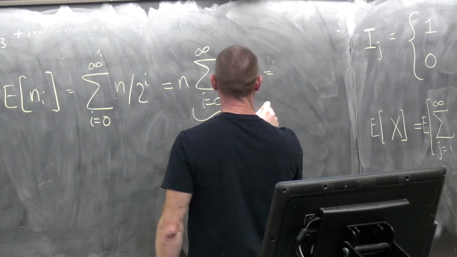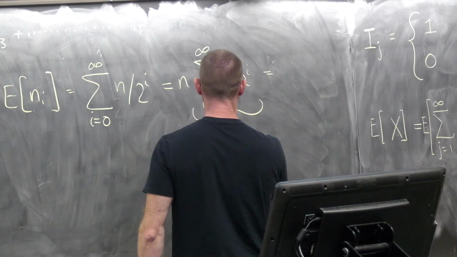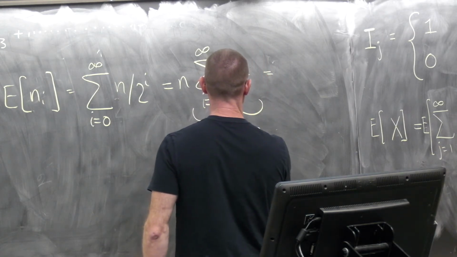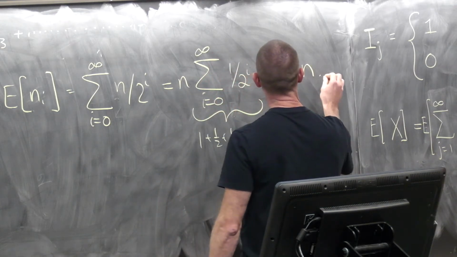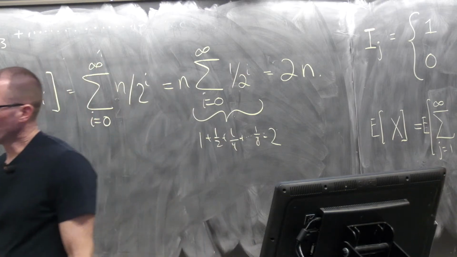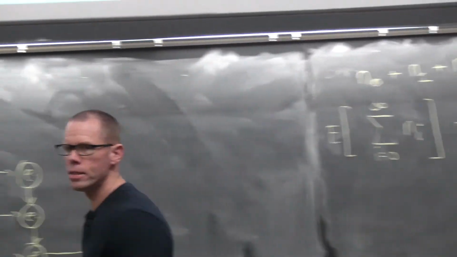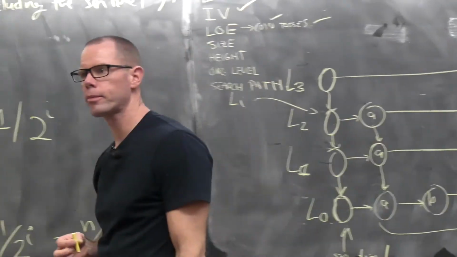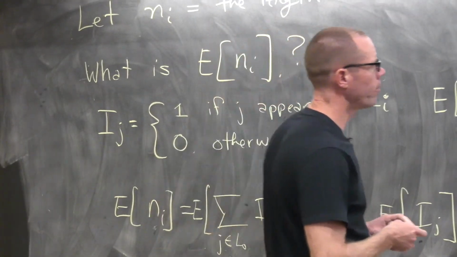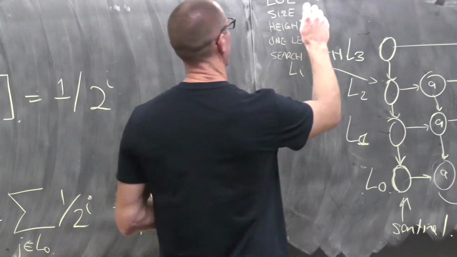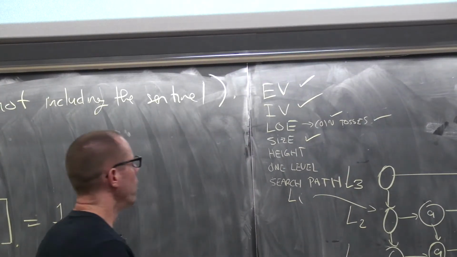This thing here, this is 1 plus a half plus a quarter plus an eighth. So that's 2. So this whole thing is 2 times n. The total expected size of all the lists is 2 times n. Not bad. So it's not outrageous.